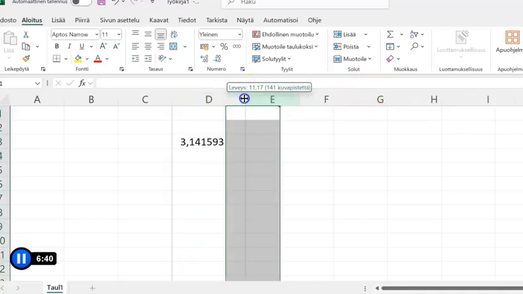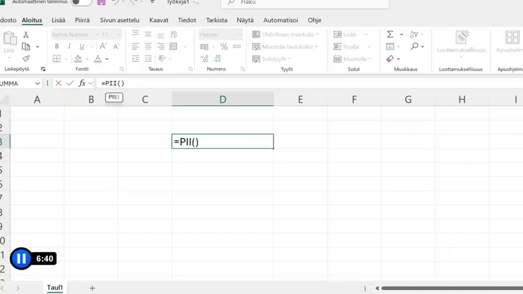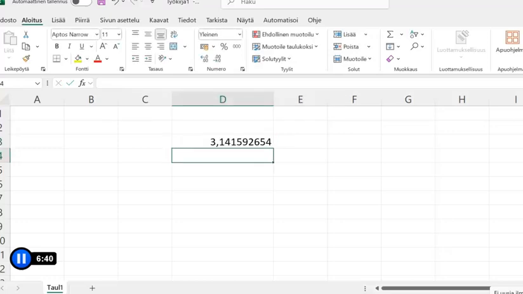In English, if you have the English version, it's the same formula, but you take the last I away, so it is pi and empty brackets. It would give the value of pi.